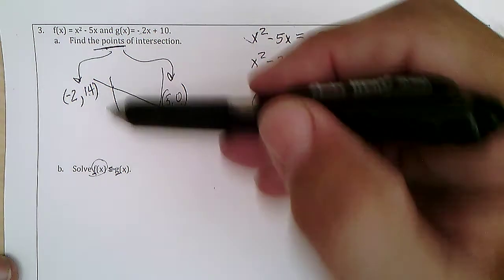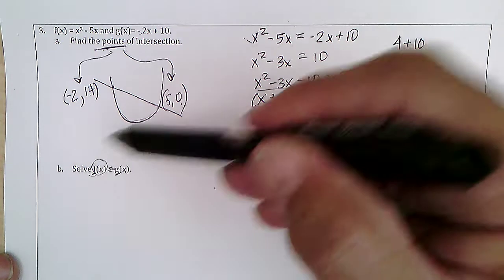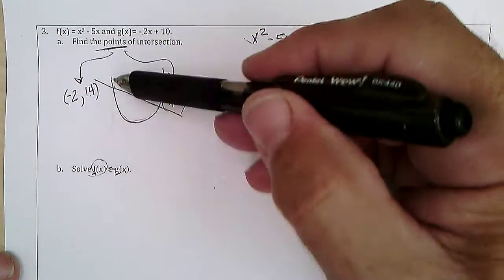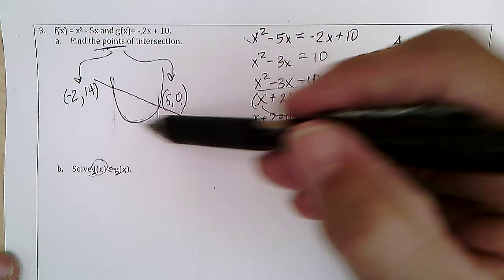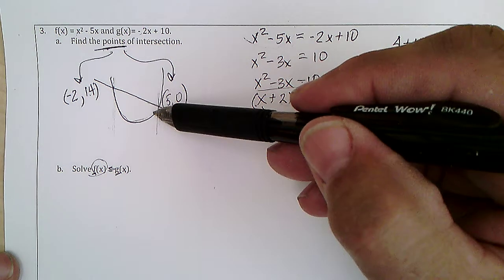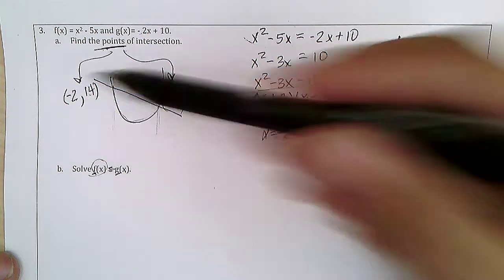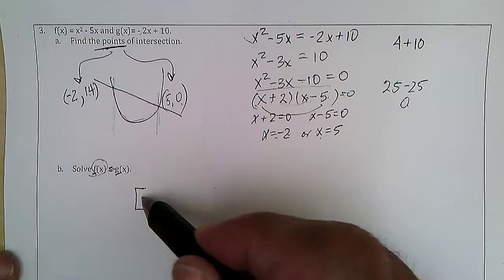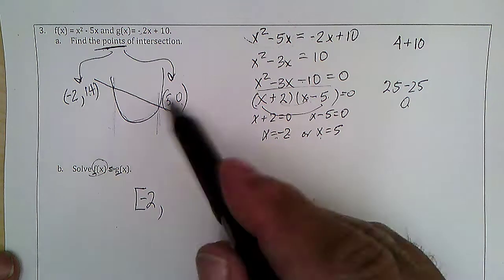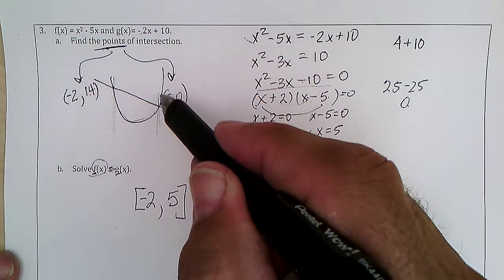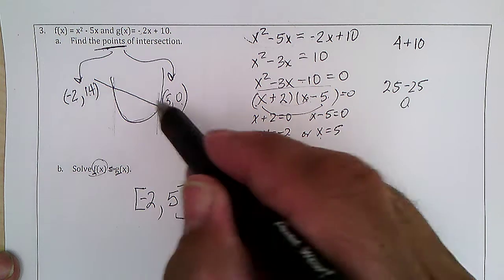We always answer these kinds of questions by solving for what x can be. Anything from here to here in terms of the x's, this is below. So the x can be, or equal, it says equal, so we can go from -2 up to 5. The parabola is either equal or below the line.